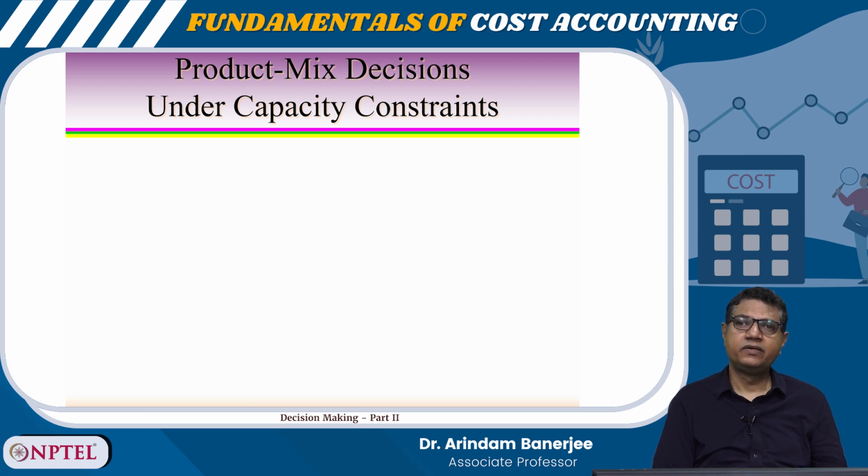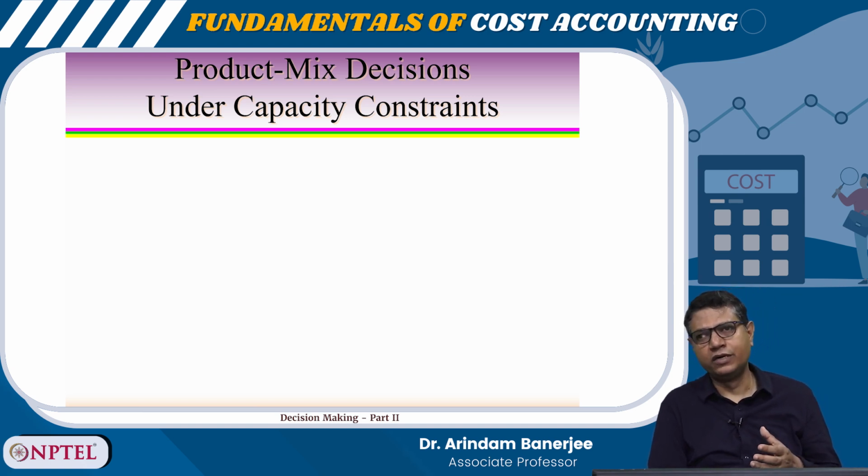But there can be several types of constraints. There can be a constraint in market demand, in raw material, in the supply of skilled labor, in machine hours, in space. So usually in the practical world, the factors of production are not available in abundance.